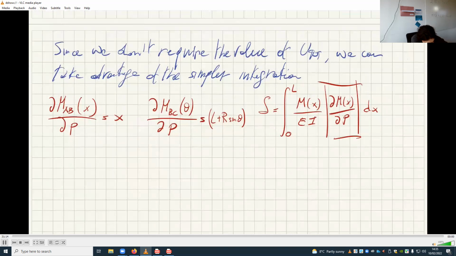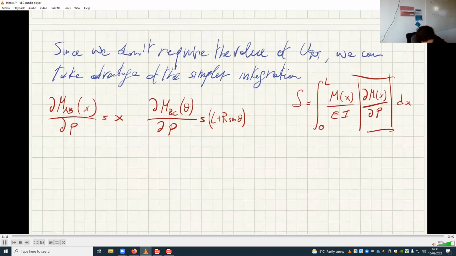Nice. So this is a formula that you should remember, and these are the ones that we found.